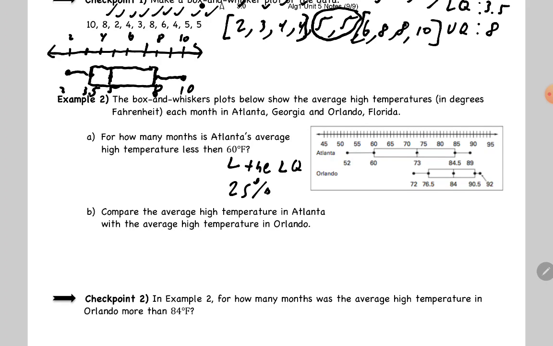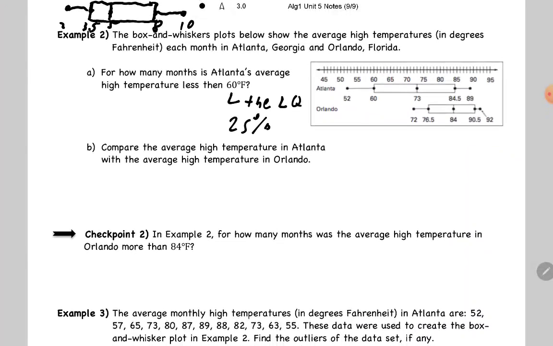So if I wanted to say how many months is Atlanta's average high temperature less than 73 degrees, that would be the median, and that represents 50% of the data. So 50% of the time. And same thing with the upper quartile, that's 75%, and then the maximum value represents 100% if you're doing less than.